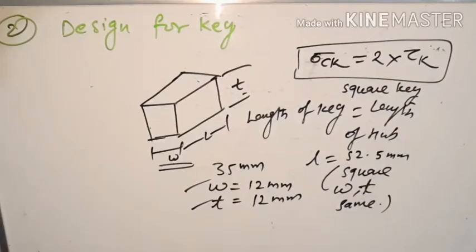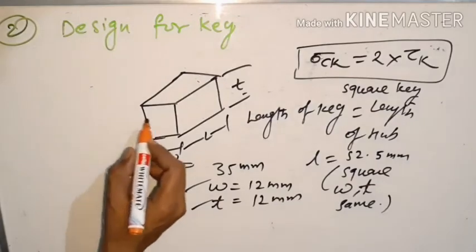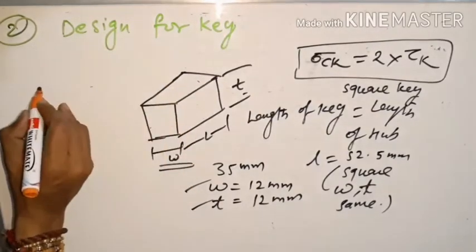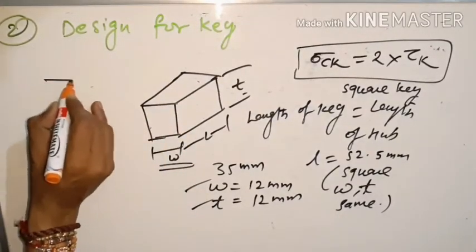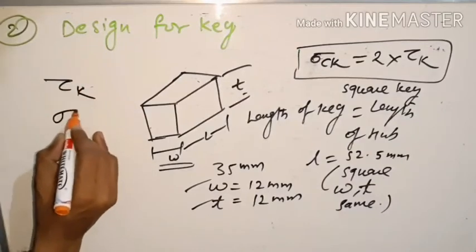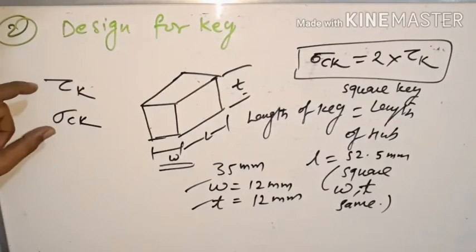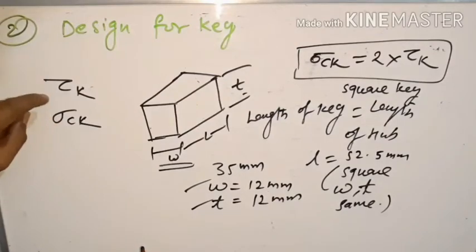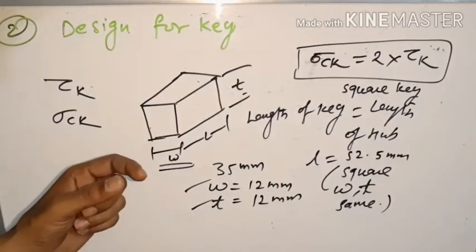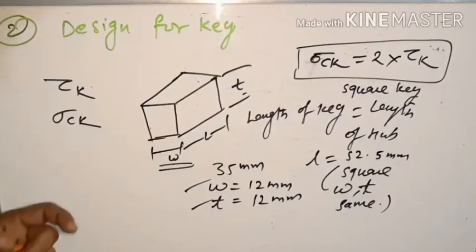But whether these dimensions are safe or not, we can check from the equation of torque transmitted, because in designing of key we face a shear stress and a crushing stress. So we check whether the induced stresses are less or higher than the given permissible stresses.